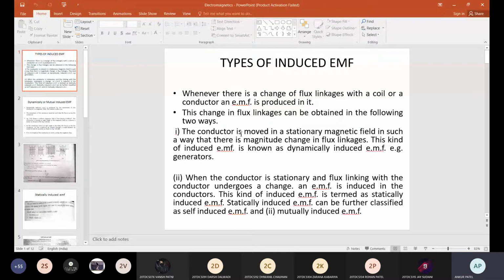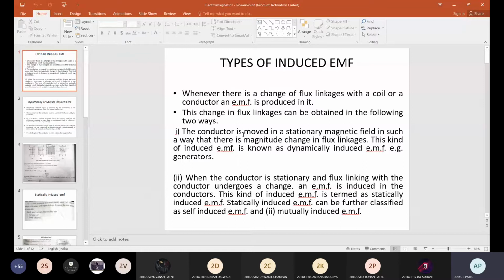This change in flux linkages can be obtained in two ways. In the first case, we are moving the conductor. The conductor is moved in a stationary magnetic field in such a way that there is a change in flux linkages. This kind of induced EMF is known as dynamically induced EMF.